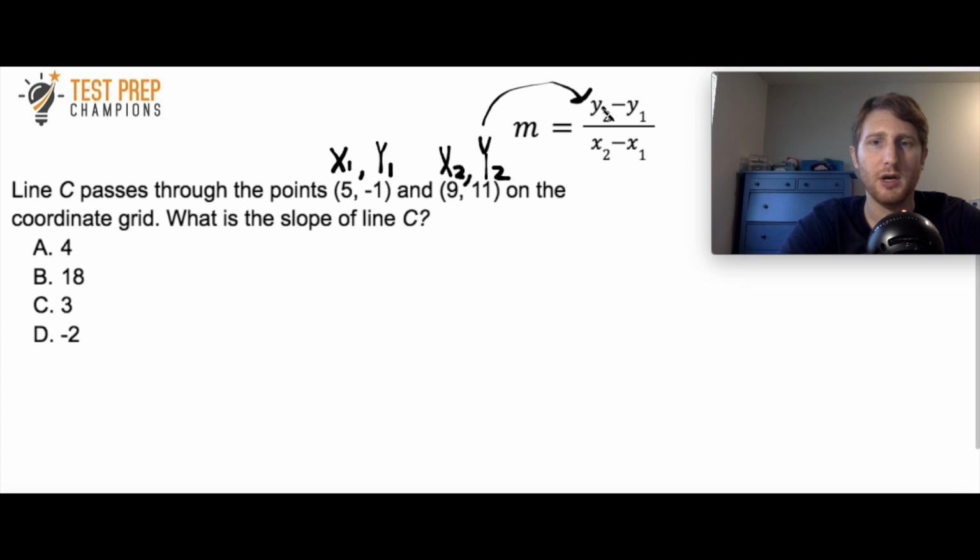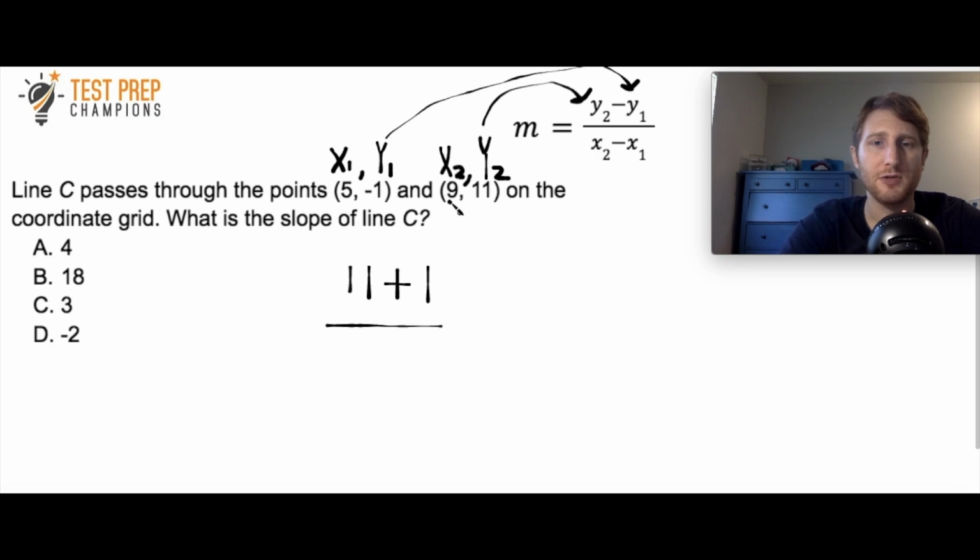Right here in the formula where it says y2, I'm going to plug in 11. And up in the formula where it says y1, I'm going to take -1 because that's my y1 and plug that in. Since it's y2 minus y1, it would be 11 minus -1, which is the same as 11 plus 1. I'm going to do the same thing with my numbers down here.